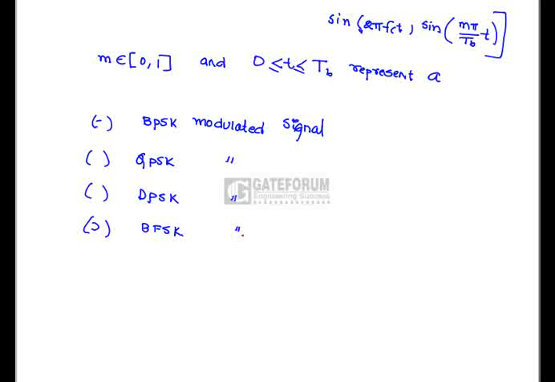What does it represent? See, if we compare this equation with the standard equations of phase shift keying, we know it belongs to binary phase shift keying, because here m takes only binary values, either 0 or 1. Hence option A is correct.